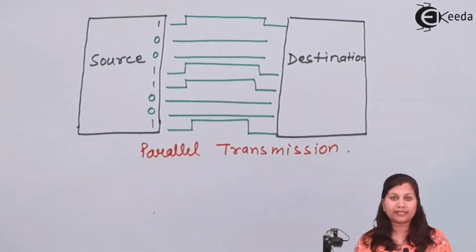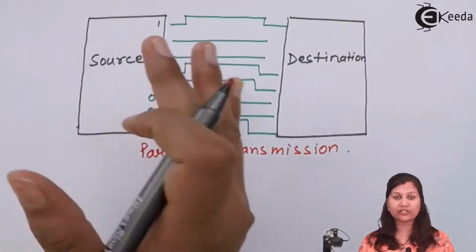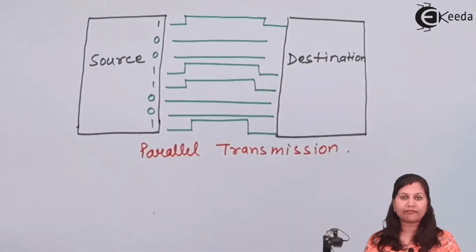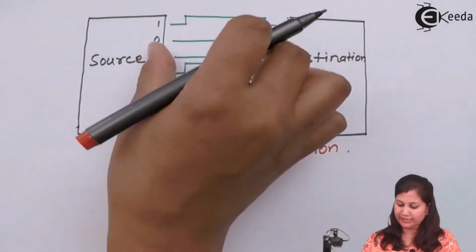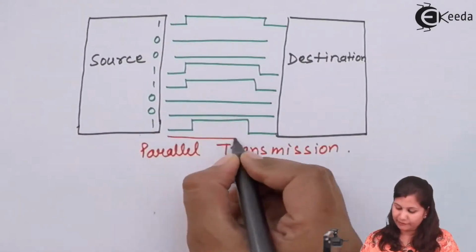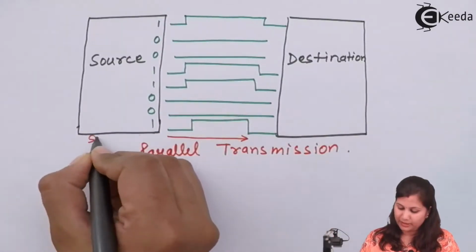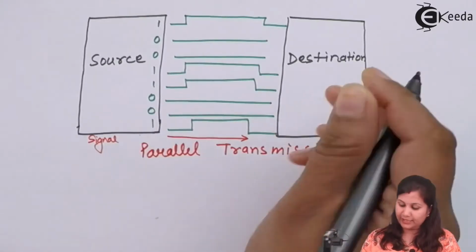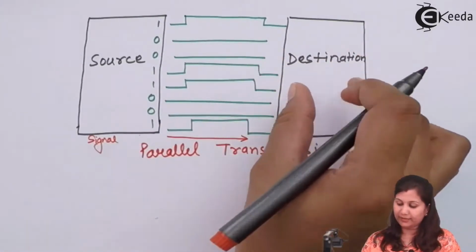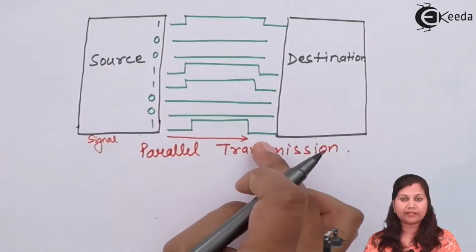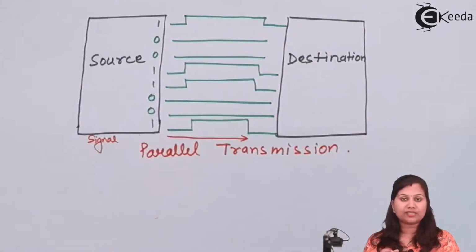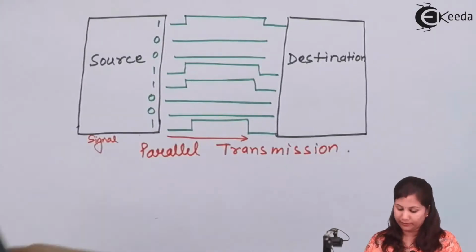In the case of transmission, along with the data which is transmitted, a signal reference is also transmitted. So here, along with these 8 bits, a signal reference is also transmitted, so that the destination component can compare the data received with this signal reference, to check whether the received data is correct or not.